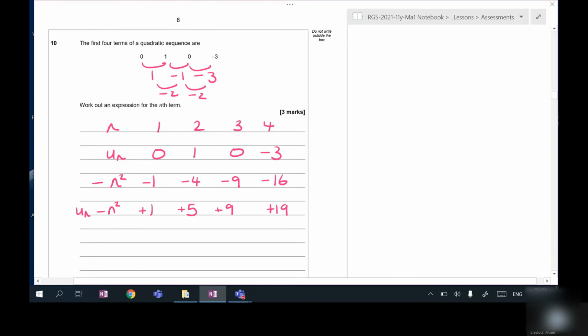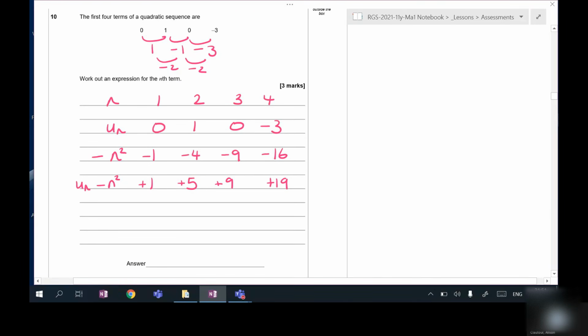Oh, minus 1, 1 minus 4, no, minus 9, minus 3, minus 16. Got that wrong, didn't I? It's 13. It's better.